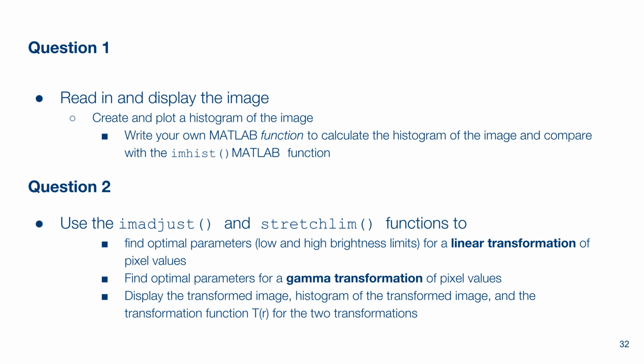And then what I want you to do for each of these, display the transformed image, histogram of the transformed image, and the transformation function. Okay, so you remember how you get that. You get that from the cumulative function of the histogram.